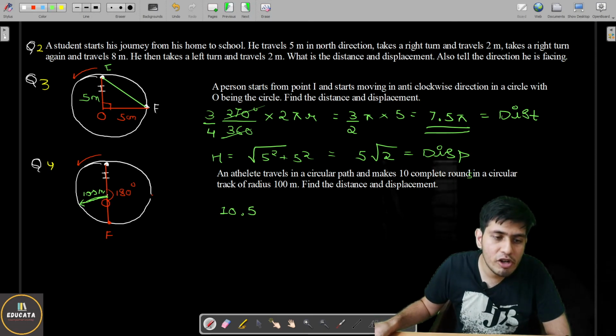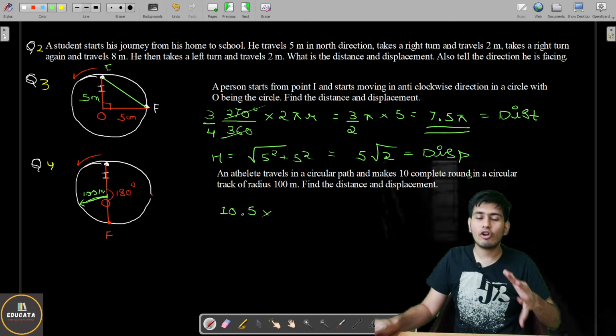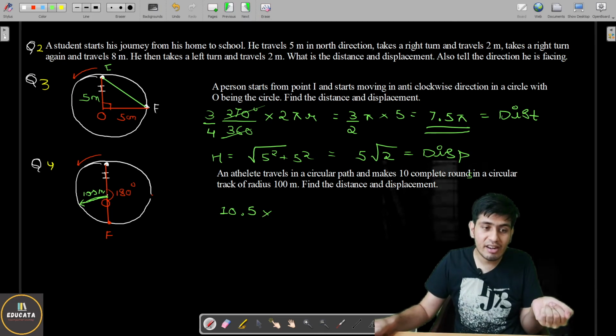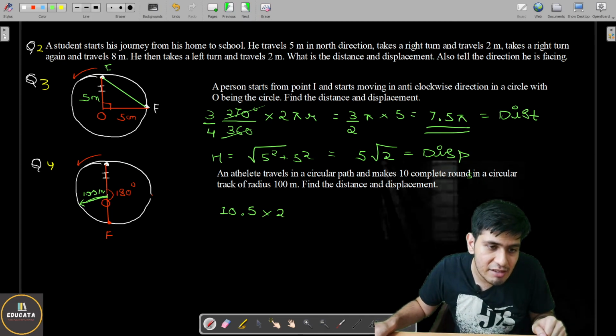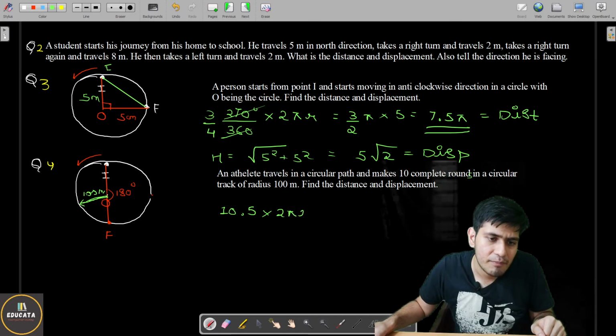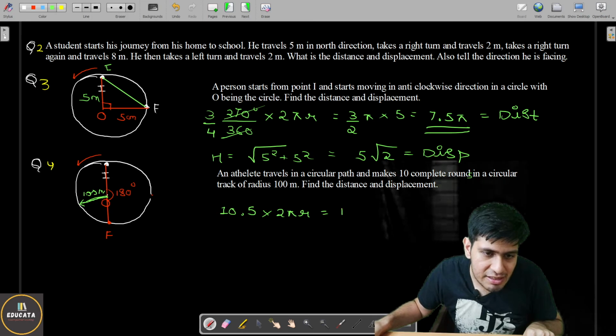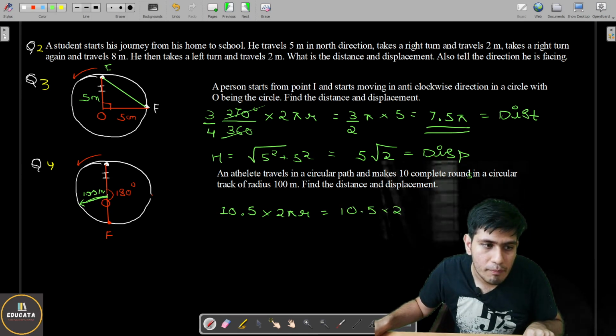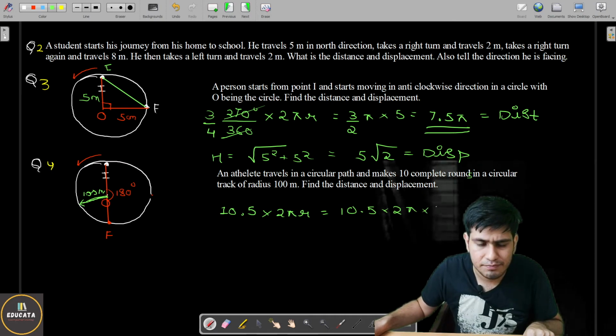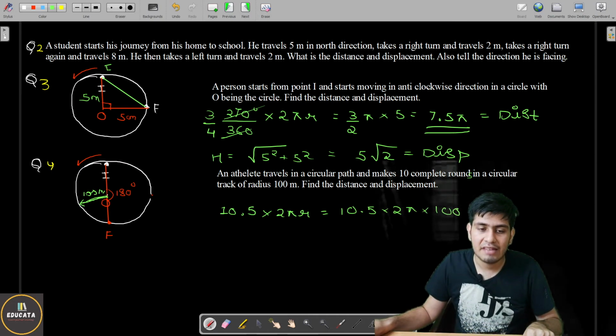So it becomes 10.5 into the perimeter of this circle. What is the perimeter of the circle? It is equal to 2 pi r. Now it becomes 10.5 into 2 pi into 100. What is the answer now?